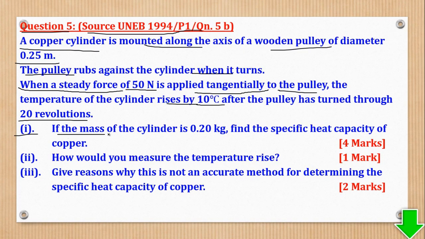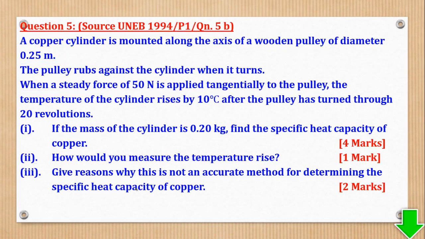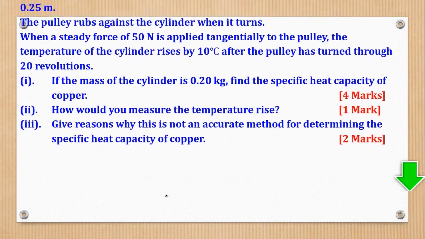Roman 1. If the mass of the cylinder is 0.2 kilograms, find the specific heat capacity of copper. Roman 2. How would you measure the temperature rise? And Roman 3. Give reasons why this is not an accurate method for determining the specific heat capacity of water. So just start with Roman 1.